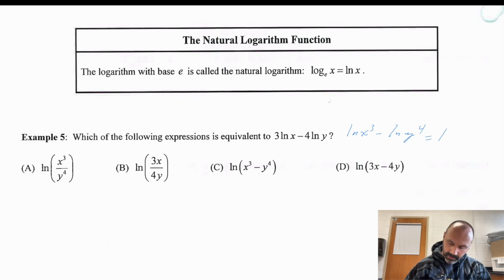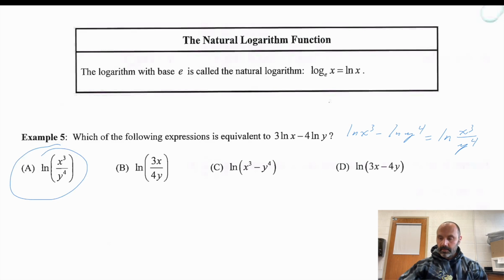And this is equal to natural log of x to the third over y to the fourth. And that ends up being a. Okay. So there you go. Power rule, division rule, and product rule for logarithms always come in handy.